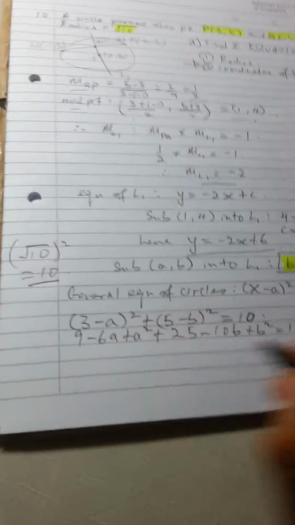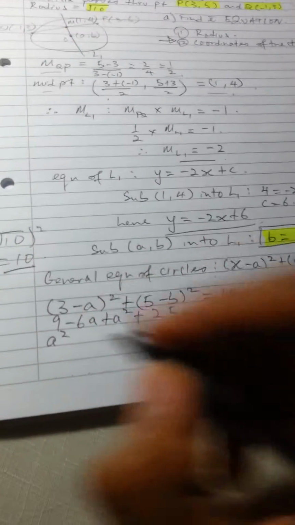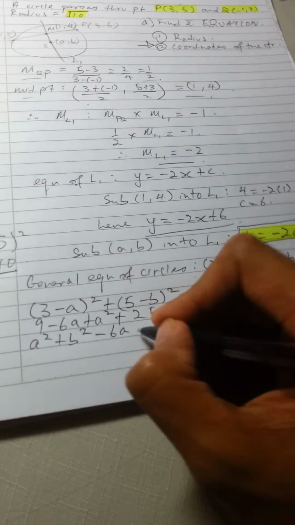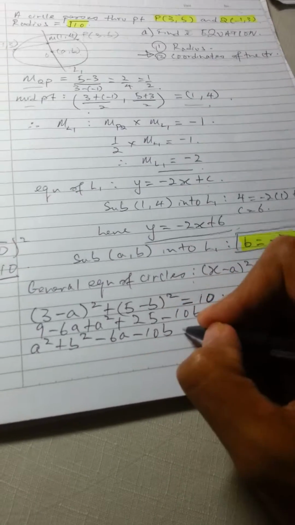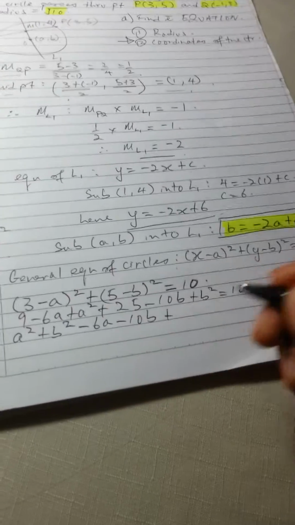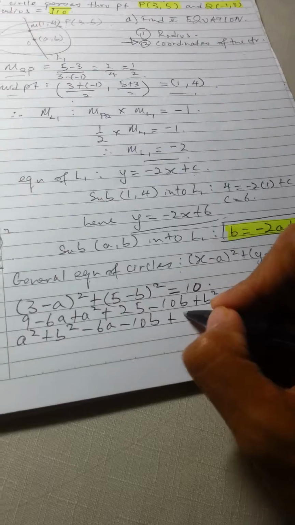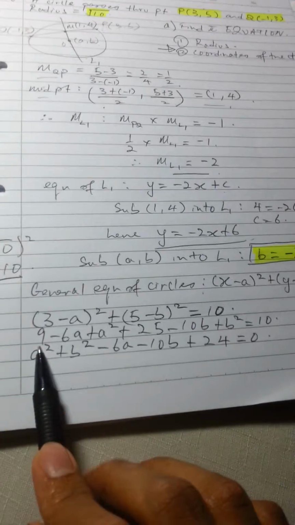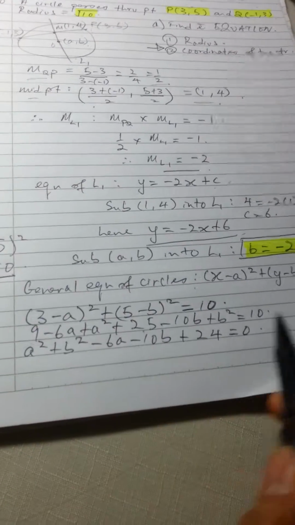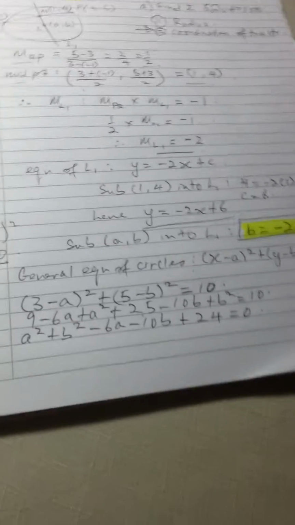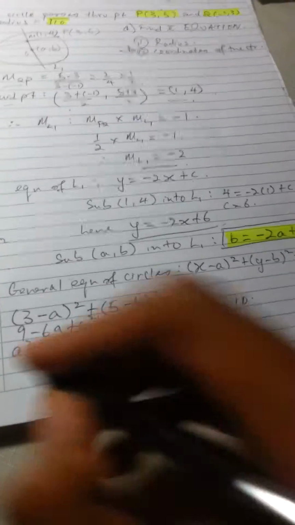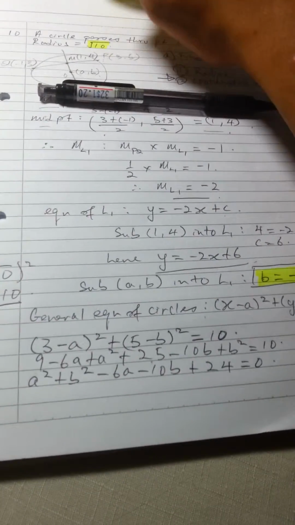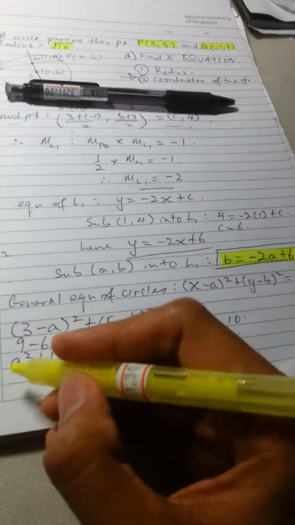Okay, again, housekeeping: a square plus b square minus 6a minus 10b plus 24 equals to 0. If you 9 plus 25 minus 10, you will get 24. Okay? So now this is the other equation that I want you to bear in mind.